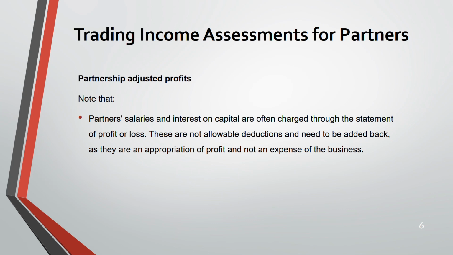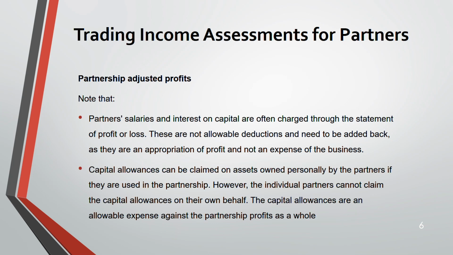That's why you need to add them back. Anything which is not an allowable deduction, which has been deducted, you have to add back, same like depreciation. Why? Because they are an appropriation of profit. That's the way you are taking out the profit in the form of salary or interest on capital. You are saying they are not allowable expenses. That's why you are adding them back, because they are not an expense of the business.